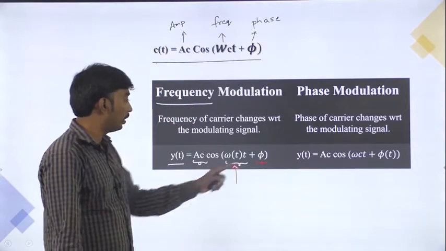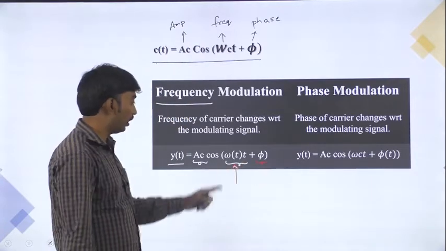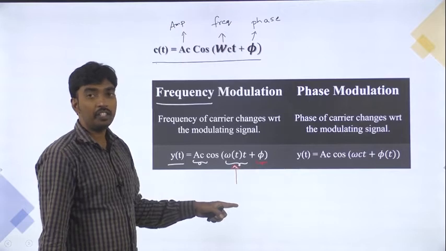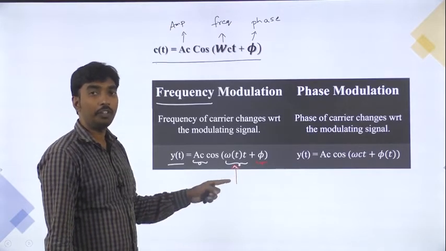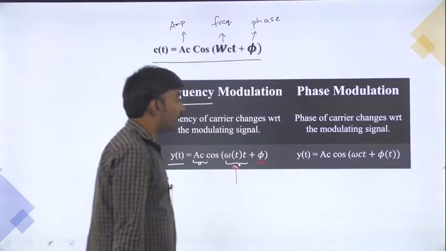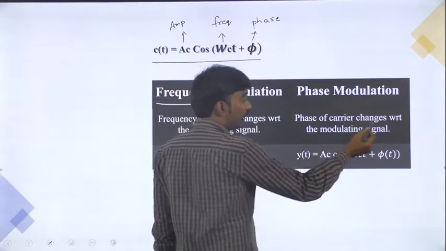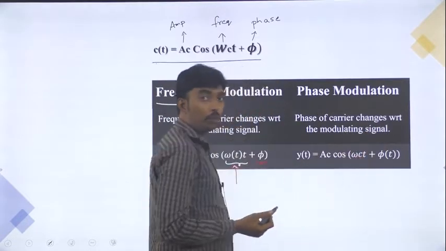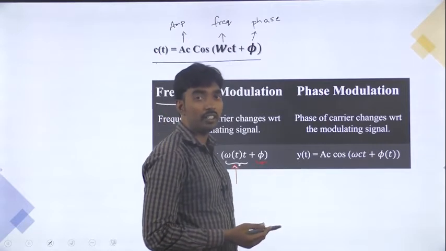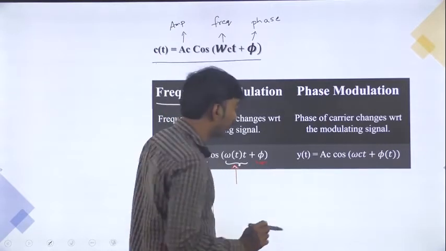Now the amplitude and phase are constant, and only the frequency is varying with respect to time in the frequency modulation. Whereas in phase modulation, as I told you the definition, the phase of the carrier changes with respect to the modulating signal or message signal or baseband signal.